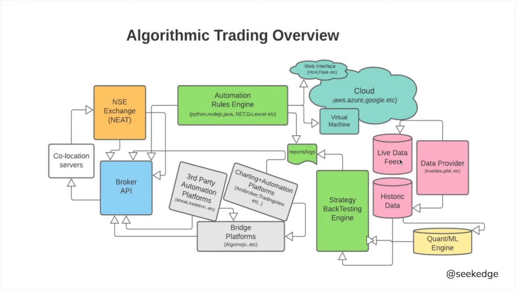Now what are these? Another most important component is the data provider, right? We are talking about 1 minute data, 5 minutes data, 10 minutes data, 1 hour data, daily data, or it can be monthly. So it involves a lot of data on different instruments, right? Like options, derivatives, stocks, indices.